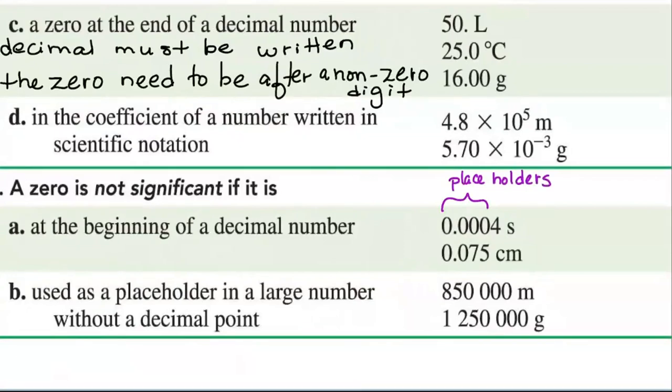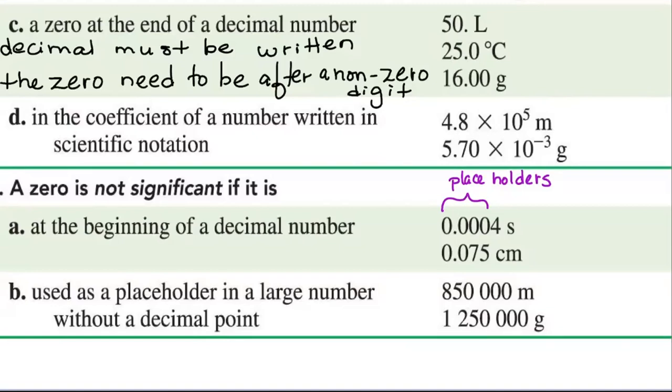Placeholders just tell you if something is very, very small or very, very large. In the case of rule 2A, those zeros at the beginning of the decimal number are before the non-zero digit. That's why they're placeholders. Let me write that note.